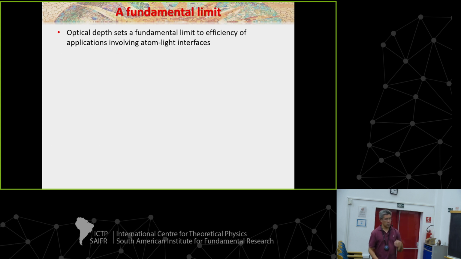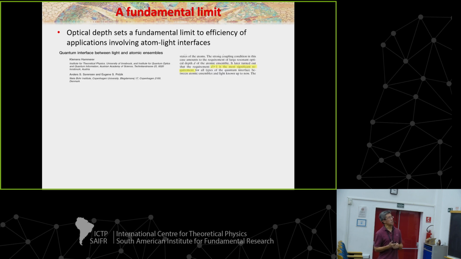Okay. So again, just to summarize, this parameter of optical depth is basically the main figure of merit that dictates fundamentally how well you can carry out any application.